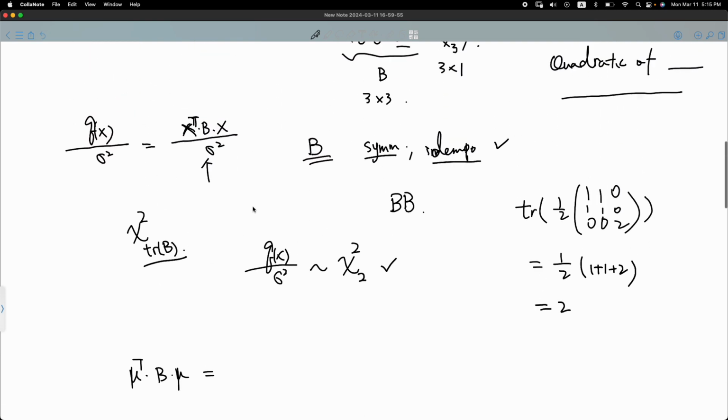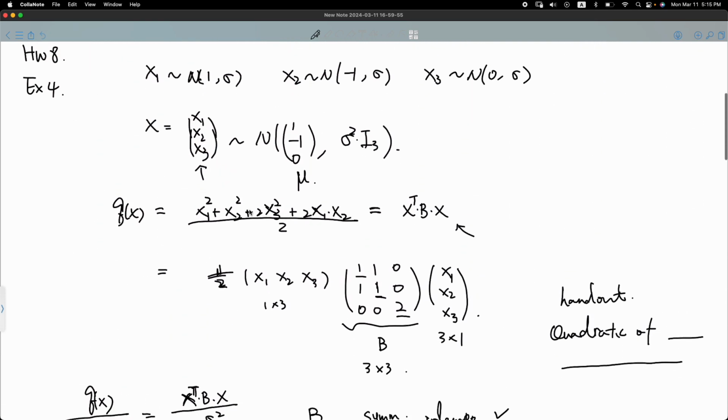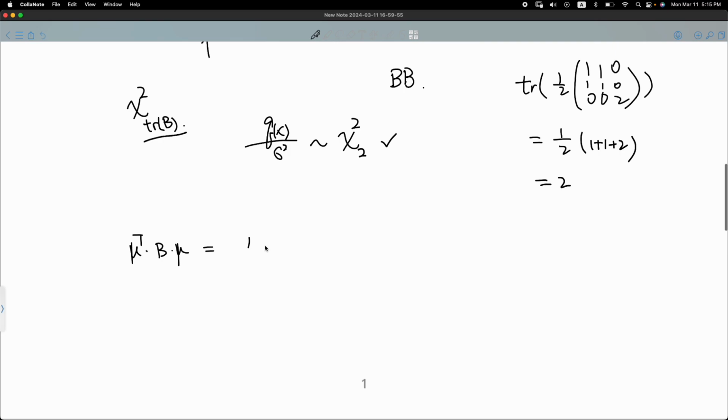So maybe let's verify that. Okay. So 1, -1, 0, and then 1, 1, 0, 1, 1, 0, 0, 0, 2. So it should be equal to 0, right? If you expand this, don't forget there's a 1/2 and then also the 1. I thought the mu is already a 0 vector.